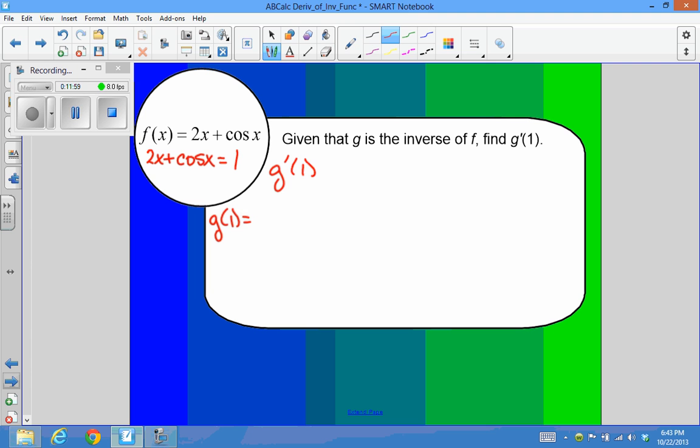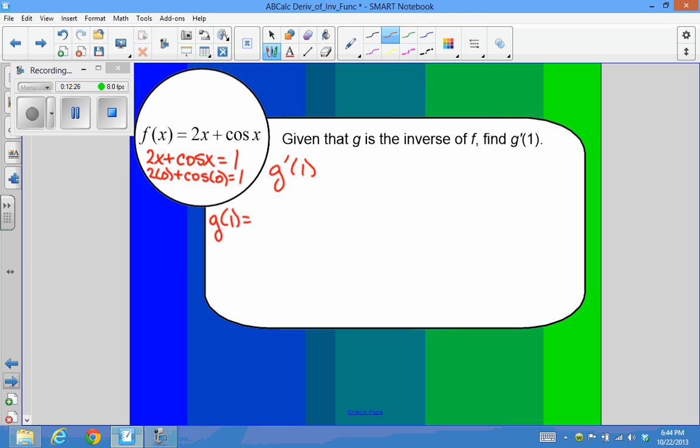Almost, anyway. Because what I know is that if I plug in 0, cosine at 0 is 1, and if I plug in 0 for my 2x, then that's going to be 0. So if I do 2 times 0 plus cosine at 0, then that's going to equal 1.